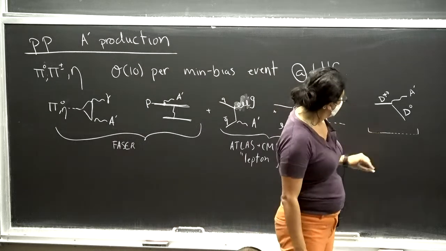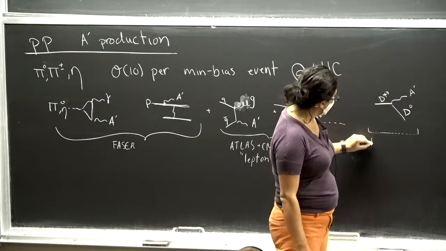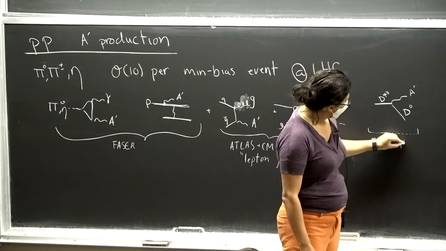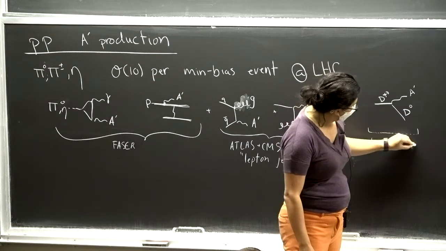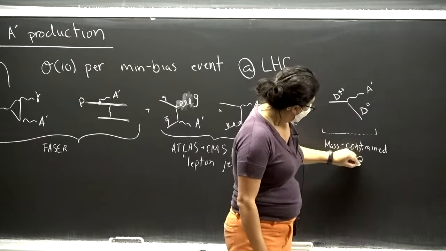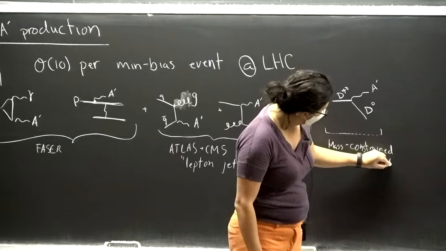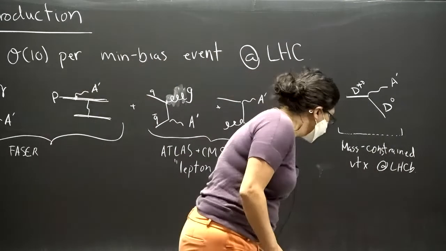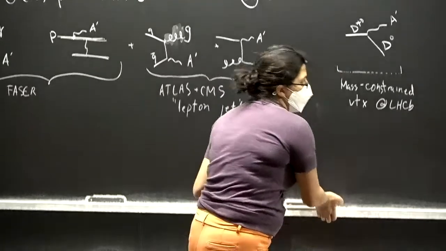And then this is useful for a sort of extra mass constraint on vertexing at LHCb. So that's just a very cursory overview of proton processes.